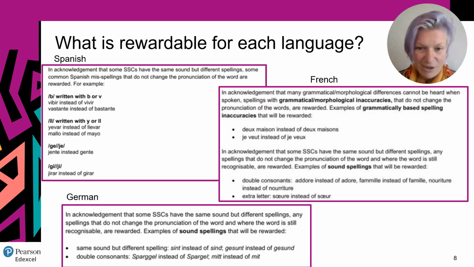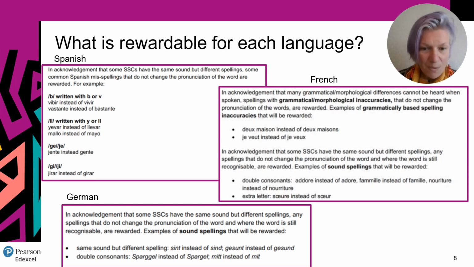So we've got the example here of sœur, with the addition of an E on the end. It makes no difference to how that word is pronounced, and it is still clearly recognizable as the word it is supposed to be, even if you lifted it from the sentence in which you found it.